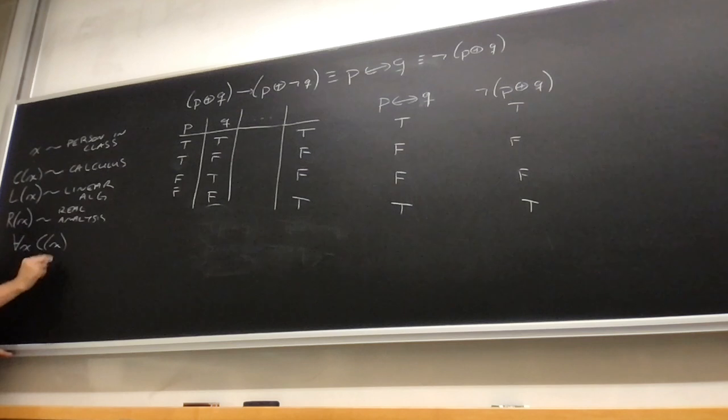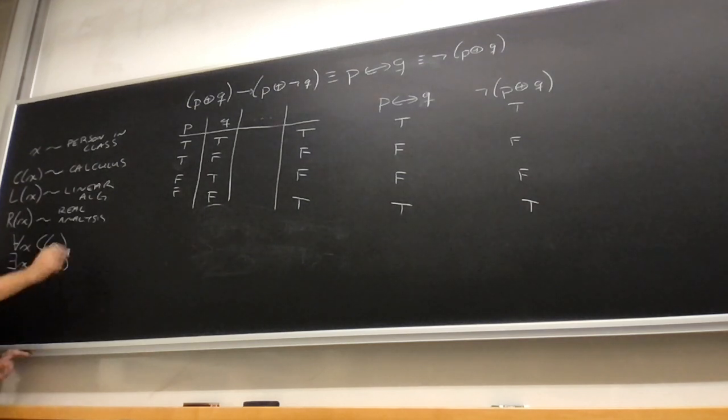So with linear algebra, there's some people who have taken linear algebra in this class. Anyone know what quantifier that means? Any ideas? Yeah. There exists. So there exists an x. We use this upside down A for every x, and we use this backwards E for there exists.